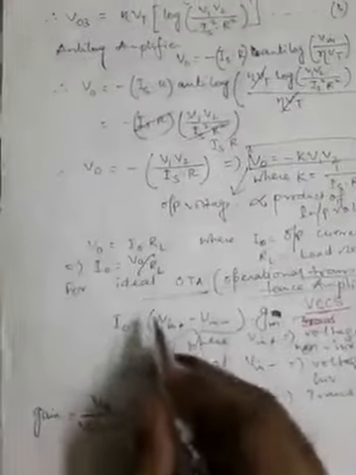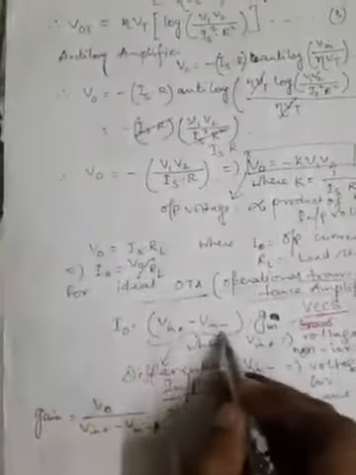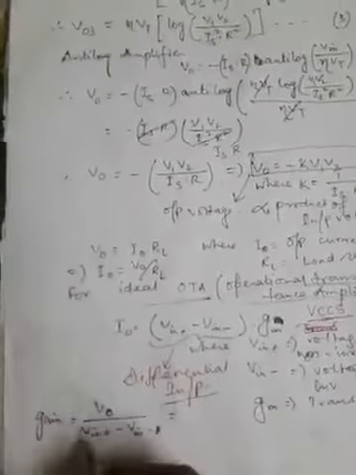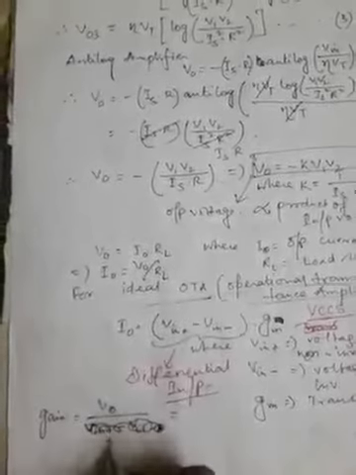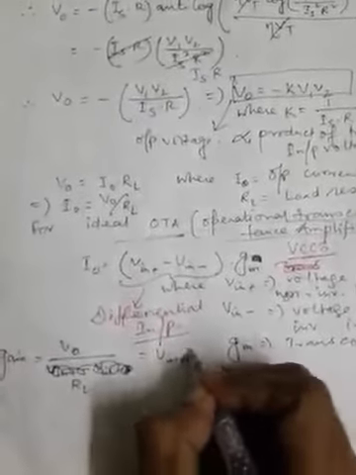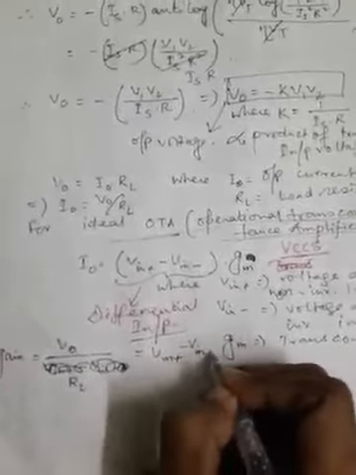VO by RL is equal to (V in plus minus V in minus) into GM.